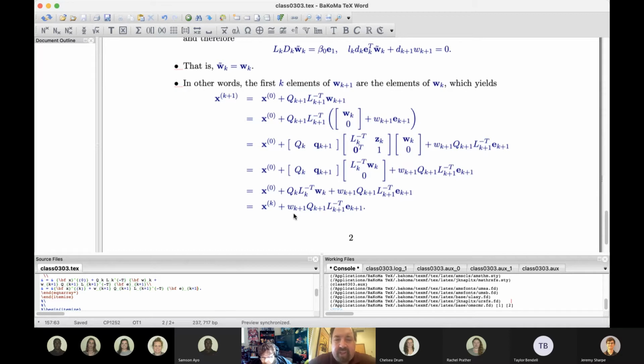Now, with steepest descent, this is what we had, where we'd have some constant times a search direction. So we'd like to do the same thing here. We'd like to be able to think of this as finding some search direction and then multiplying it by an appropriate constant. So how can we extract that from this?